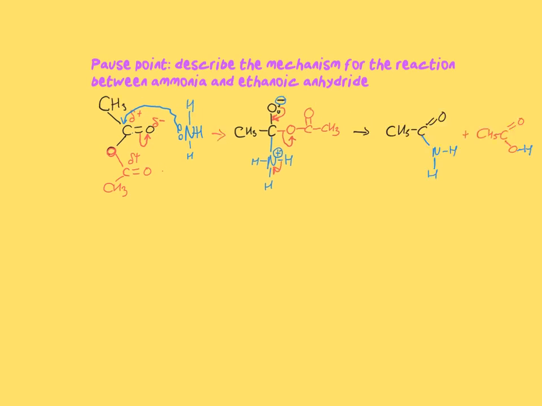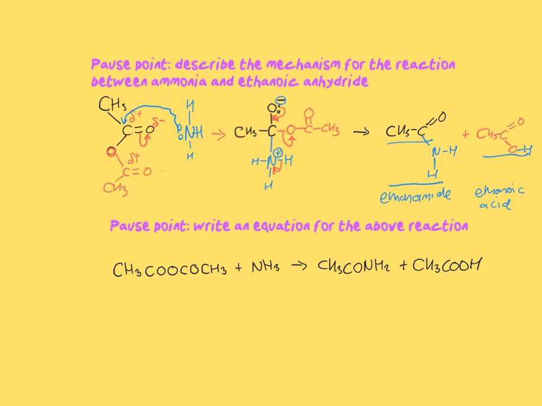This time an N-substituted amide is formed, so this is ethanamide and a carboxylic acid, which is ethanoic acid. So reactions with acid anhydrides usually result in the formation of a vinegary smell. So in this reaction, the anhydride breaks and the ammonia, the attacking species, reacts to form an amide and ethanoic acid.